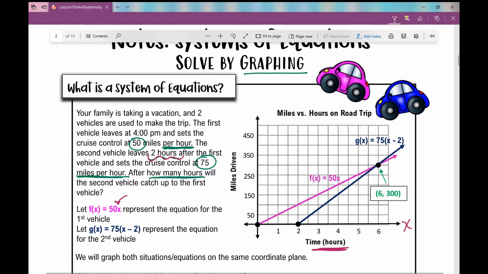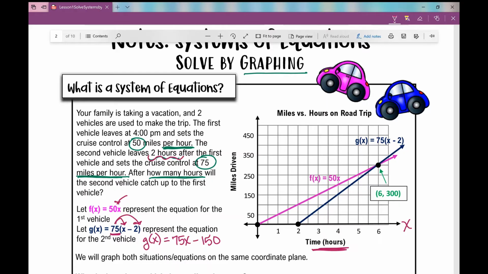I put that inside the parentheses, but then that rate still goes in front of the x value. If you want to, you can always rewrite this in slope-intercept form, which would look like this: 75x minus 150. So really, I'm down like 150 miles when I'm starting.